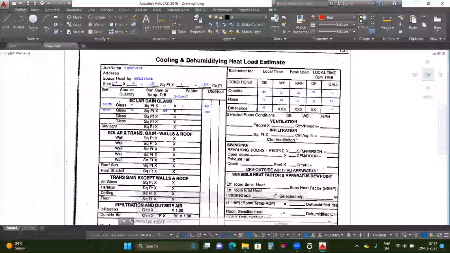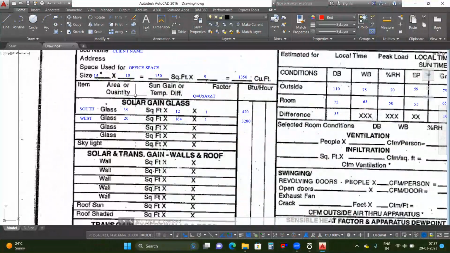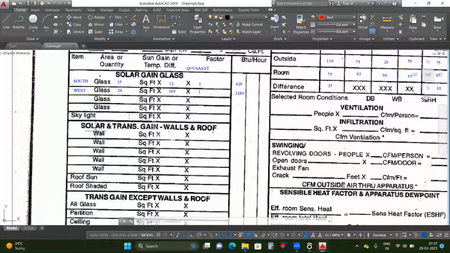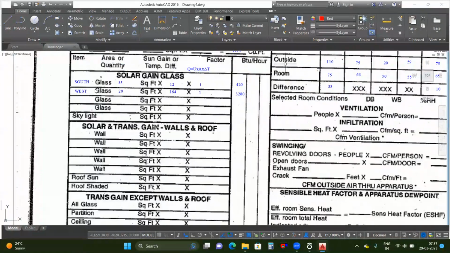Okay, so we have done the solar gain through glass. Then we'll go to solar and transmission gain through walls and roof. Okay, so we'll open the PPT.